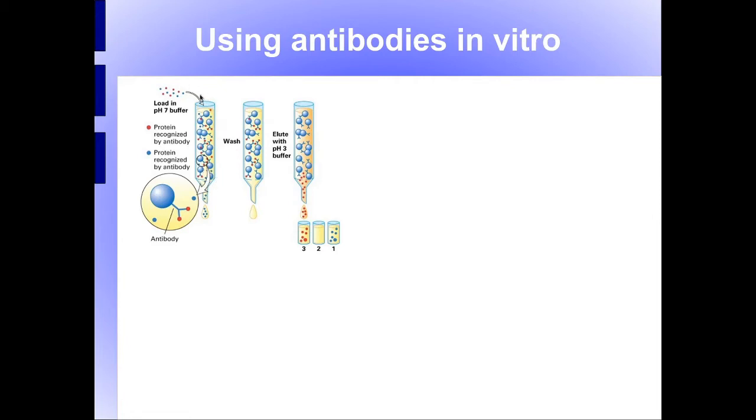We put our mixture down the column, and the thing of interest sticks to the antibodies. We can then wash off anything that's an impurity, and finally elute the protein of interest from the antibodies that are on the beads.